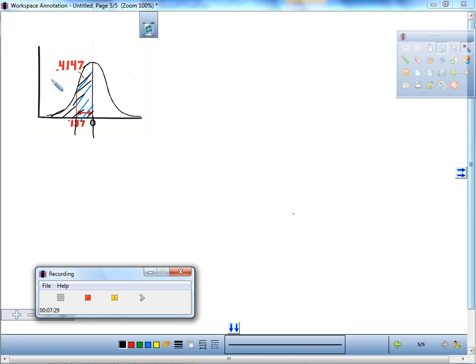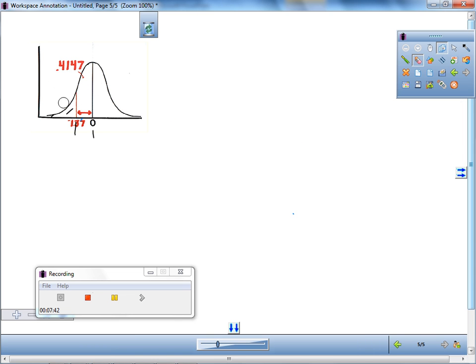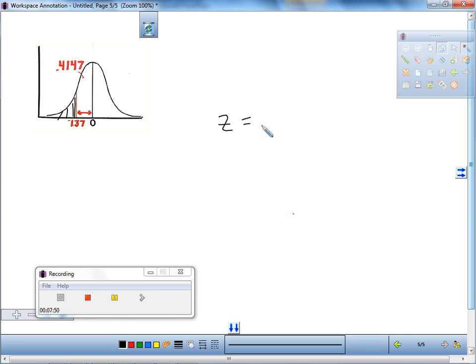Sorry, on this little thing, I shaded in the wrong area, so I need to change that. It doesn't give you all the way up to the mean. It gives you from the negative 1.37 down. So just for clarification, if we go look it up, our tabled value is going to be 0.0853. That gives us this area, but we want this area.